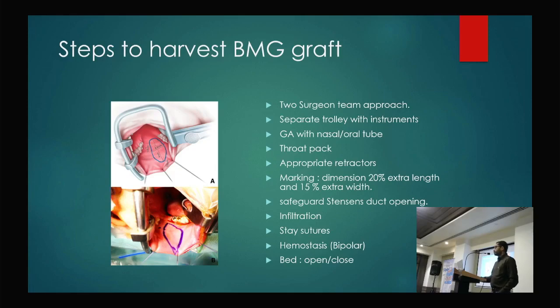What are the precautions we should take while taking a BMG graft? Practically or ideally there has to be a two surgeon team approach, where one surgeon will perform the donor graft harvesting and the other will do the urethroplasty, with a separate set of instruments and a trolley to avoid contamination.